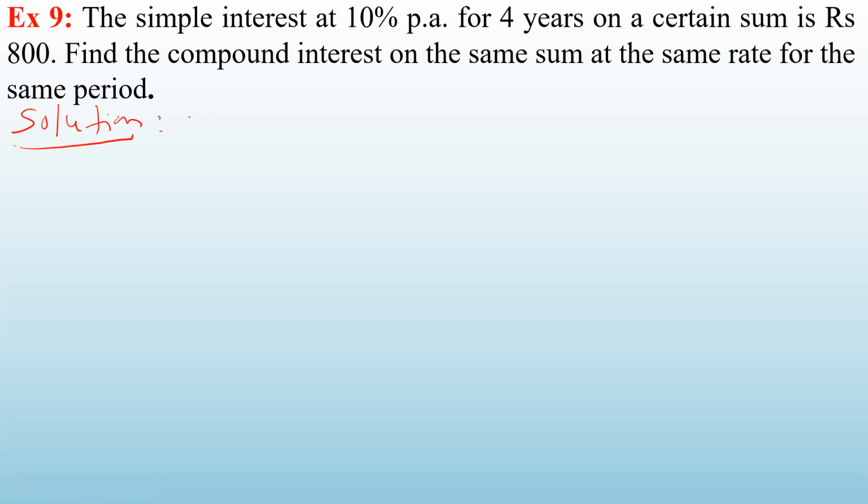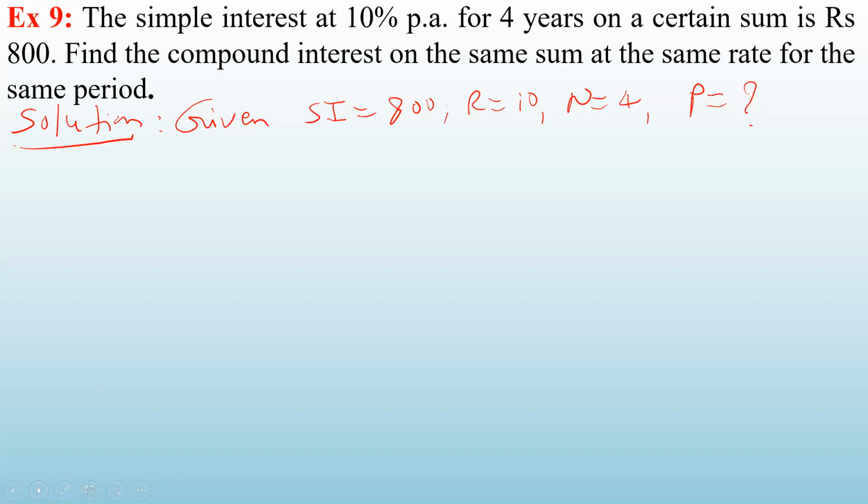So you are given here that simple interest is 800, the rate of interest is 10 and n is 4, but you are not given principal. So you will first find out the principal. Okay, that is our first step. Then find the compound interest on that principal with the same rate and same years, same period.